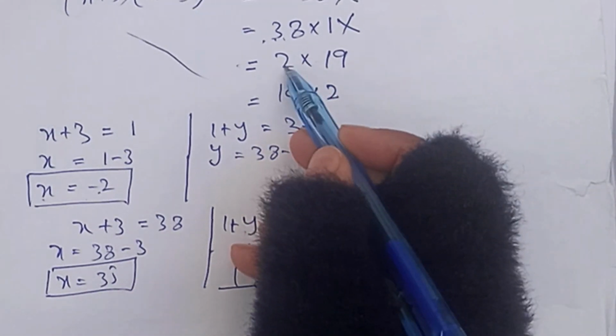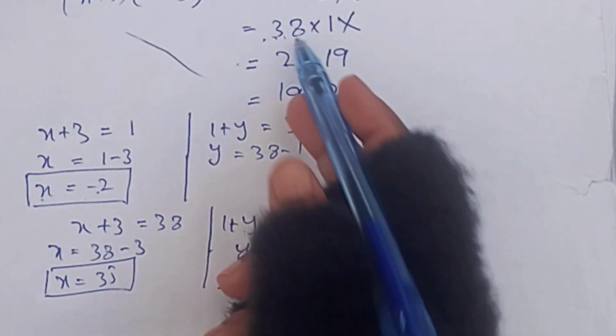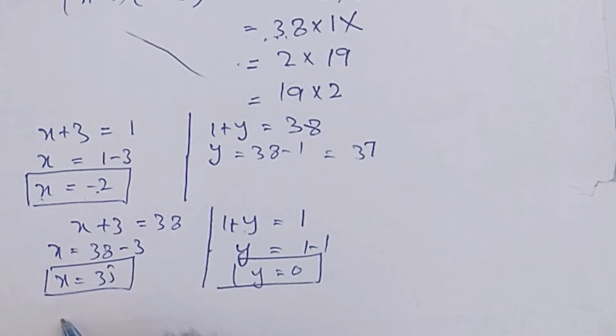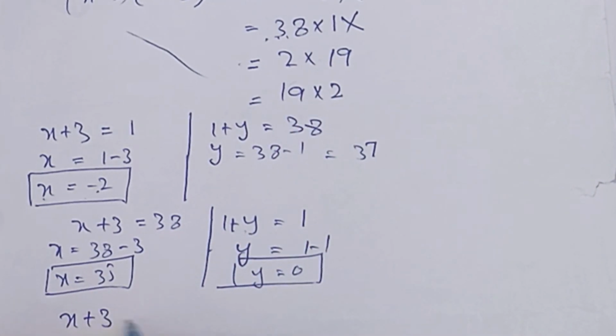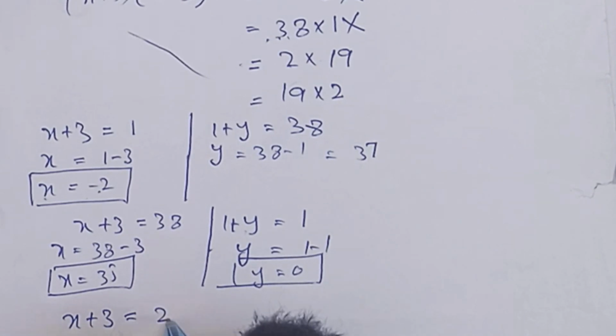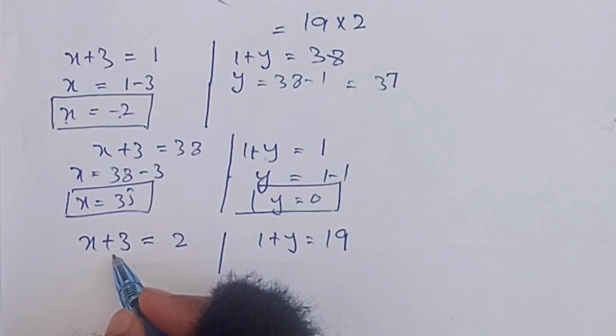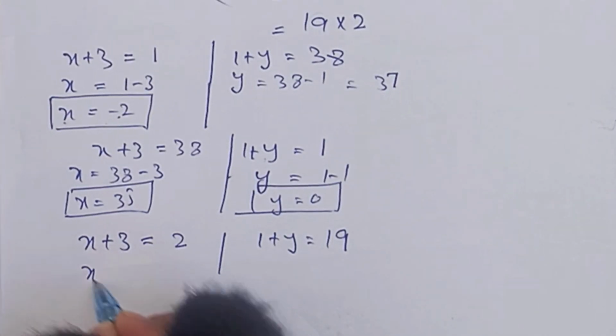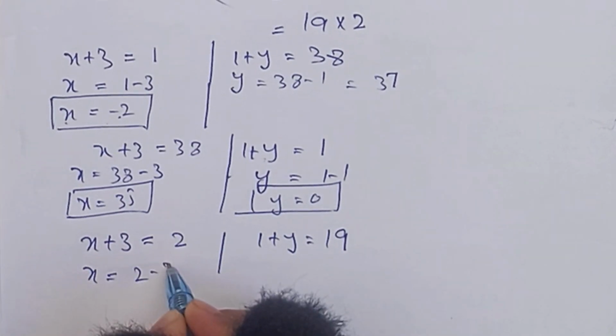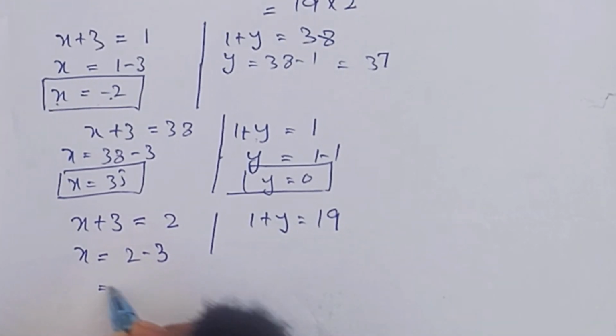Now look at this. So this implies x plus 3 is equal to 2, and 1 plus y is equal to 19. Look at this. If we subtract a 3 on both sides, then x is equal to 2 minus 3, and 2 minus 3 is minus 1.